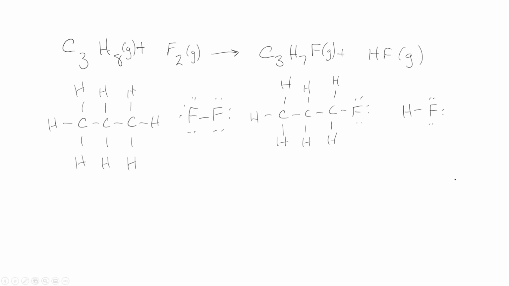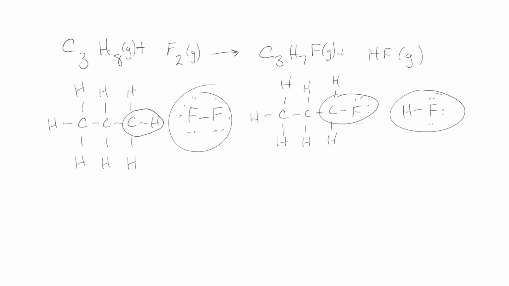If you took a close look at what has changed, there's a carbon-hydrogen bond here and a fluorine-fluorine bond in the reactants, and if you compare it to the products, those bonds aren't there anymore. They've been replaced with a carbon-fluorine and a hydrogen-fluorine bond. So when we're looking at these enthalpies of reaction, we want to compare what bonds have changed in the reaction.